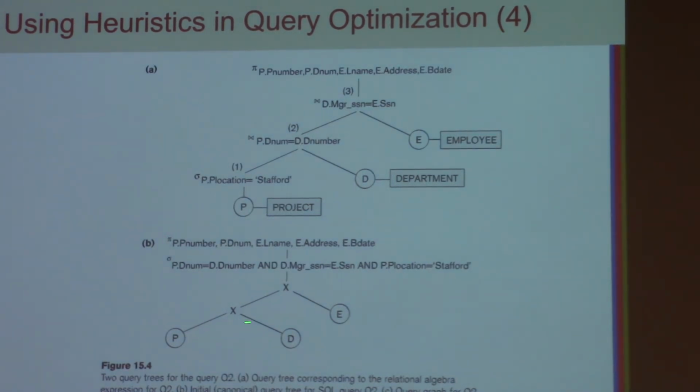Another approach is, as I suggest, Cartesian product of 3 tables and apply condition. Right? Output is the same. So for example, in your midterm exam, only one student answered this way, and got the full credit.